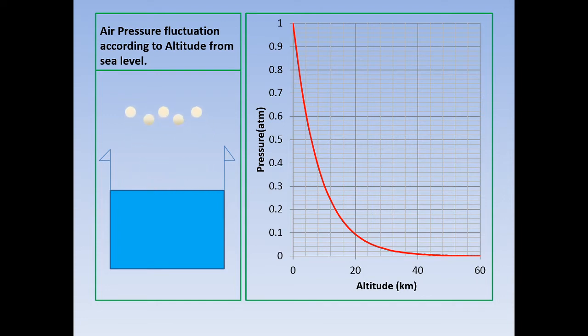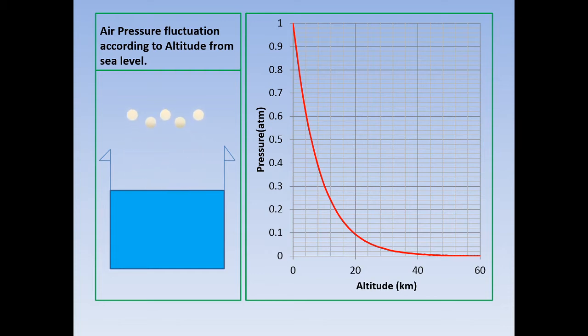In our atmosphere there are so many gases, nitrogen around 78%, oxygen, and so on. It presses on everything, it presses our body, and we call this pressure 1 atm, or 1 atmosphere, or 1 bar. So it presses the water.